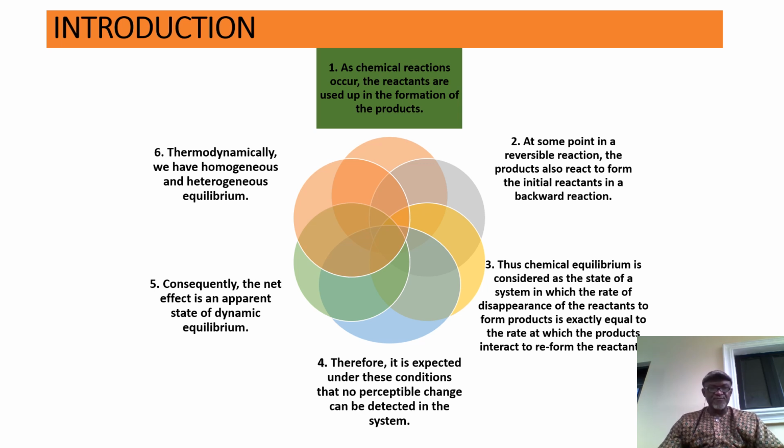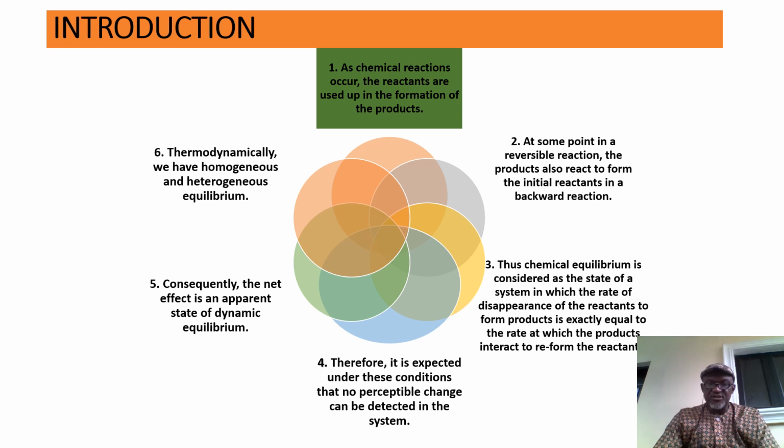That's what we said. Then six, thermodynamically, we have homogeneous and heterogeneous equilibrium. We won't go further, but let us note that when we talk about homogeneous, everything is in the same phase. So homogeneous here means that all reactants and products are in the same phase.